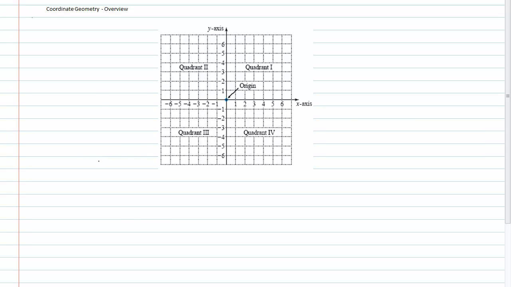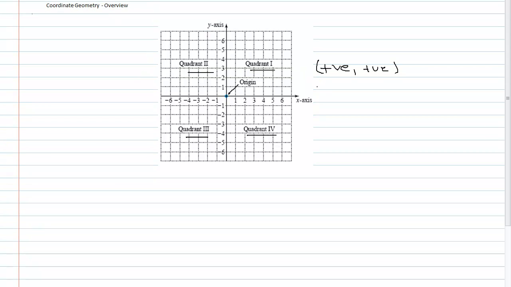One other thing that you will notice here is that this XY plane is divided into 4 different quadrants: quadrant 1, 2, 3, and 4. And each quadrant has its own specific signature or characteristic. In quadrant 1, both x and y are positive.